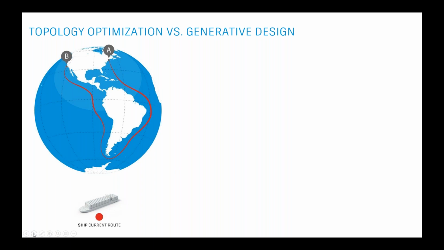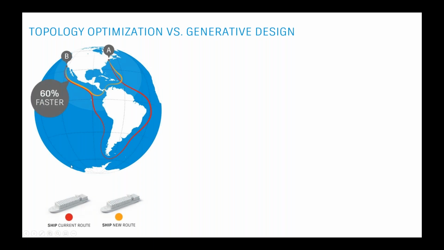What topology optimization does is it basically lightweights a part. So it takes a standard existing body with known constraints, known loads, a known material, and it basically makes it lighter. It figures out where to remove material, or in the case of our shipping analogy, it finds a faster route, right?